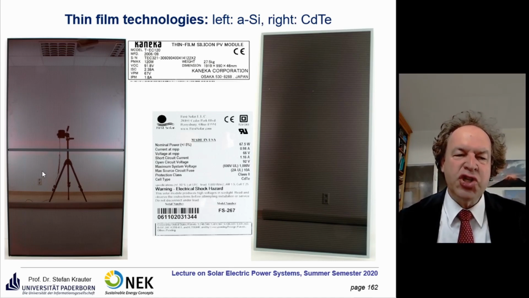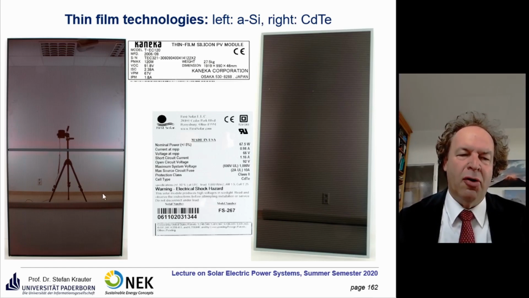That means the efficiency is really poor, and this is a reason why it's almost not used anymore nowadays, because with 2 square meters nowadays you almost get a 400 watt module. The architects still like it a lot because the structure is very homogeneous, but in general, from the cost-benefit ratio, they are not very much used anymore.